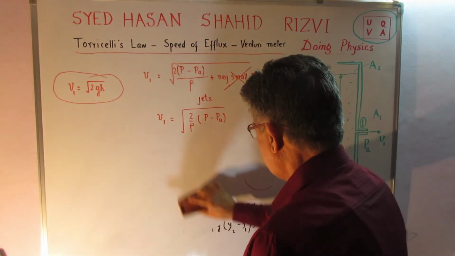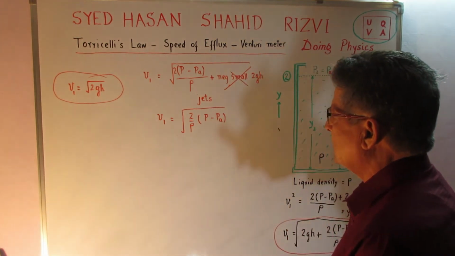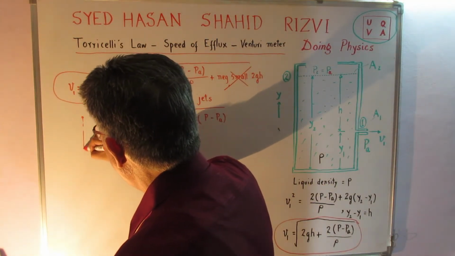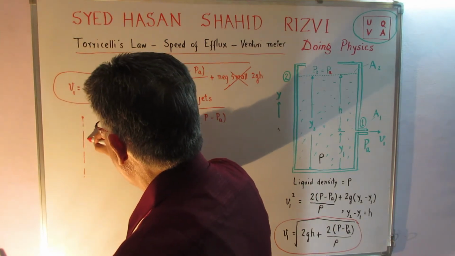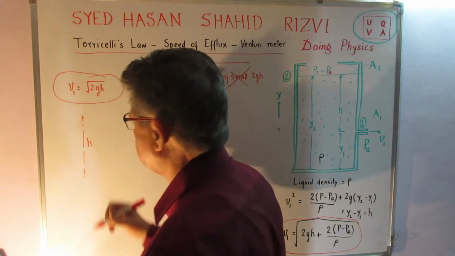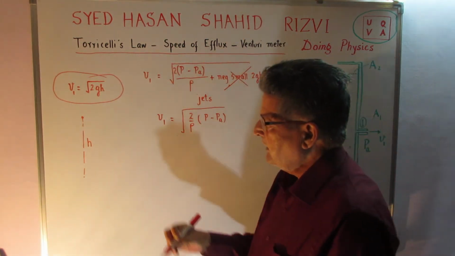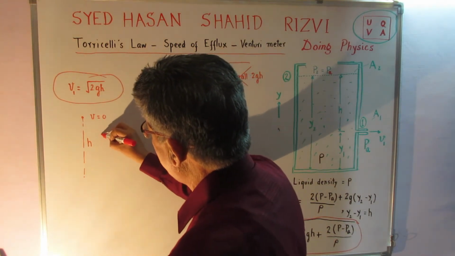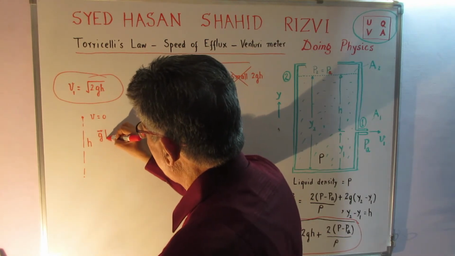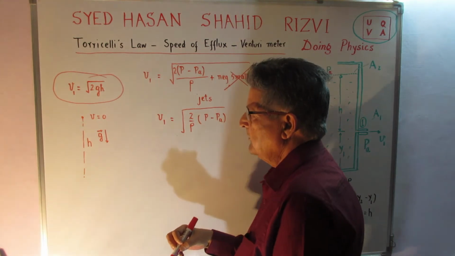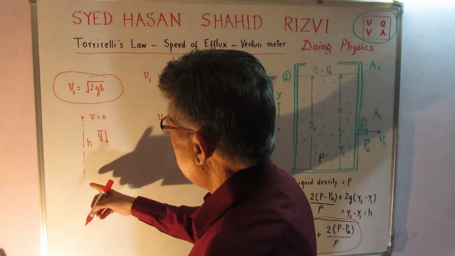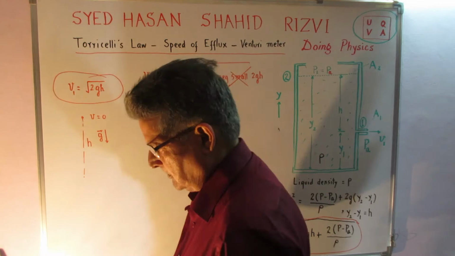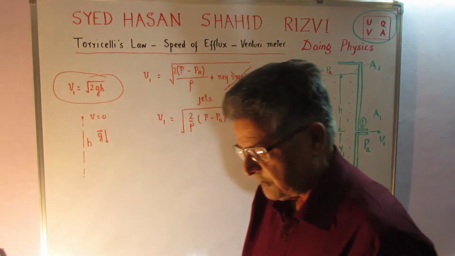If a body is falling freely under gravity from this level down to another point where the height difference is h, and here I take the velocity equal to 0 and we drop the body from here under the influence of acceleration due to gravity, which is working in the downward direction, then we can apply the principle of conservation of energy.